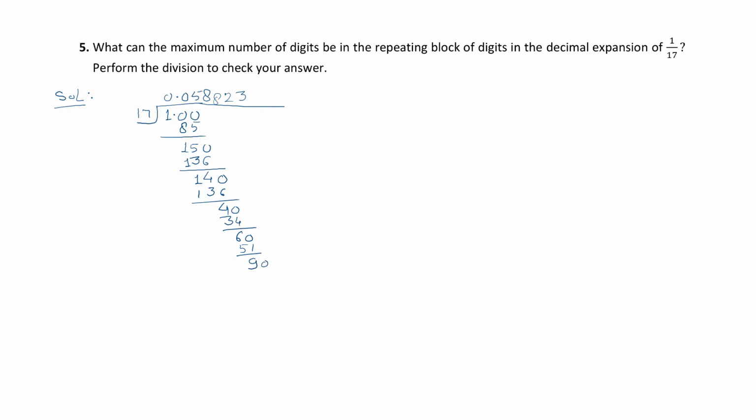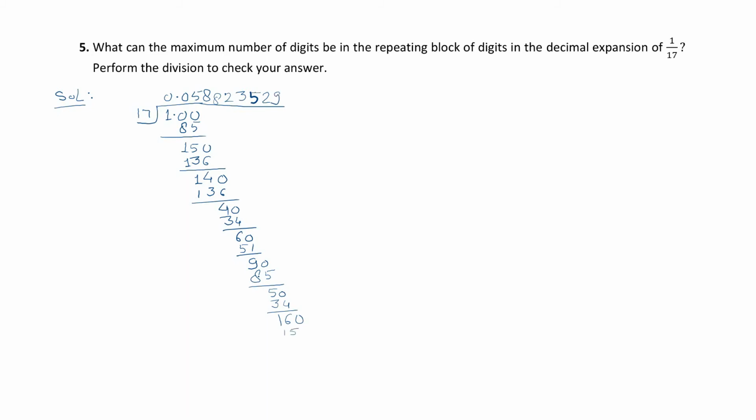So 17 fives are 85. The remainder is 5. 17 twos are 34. The remainder is 16. 17 nines are 153.